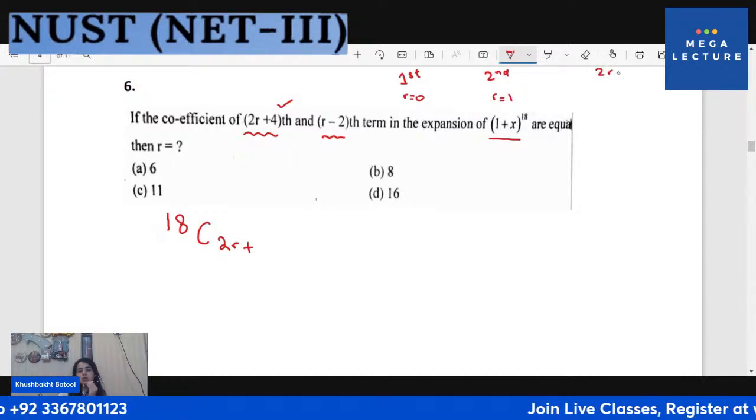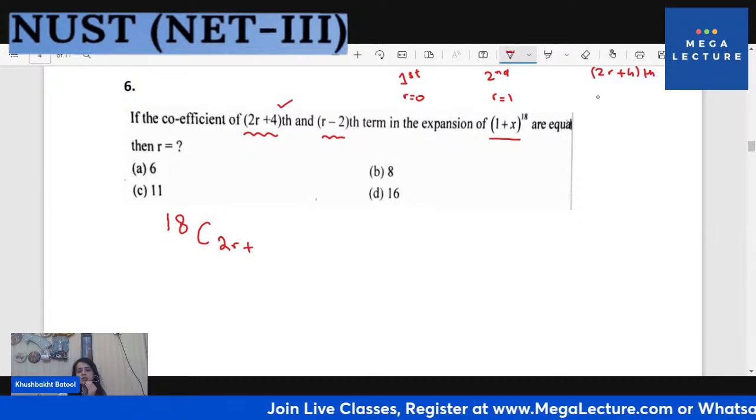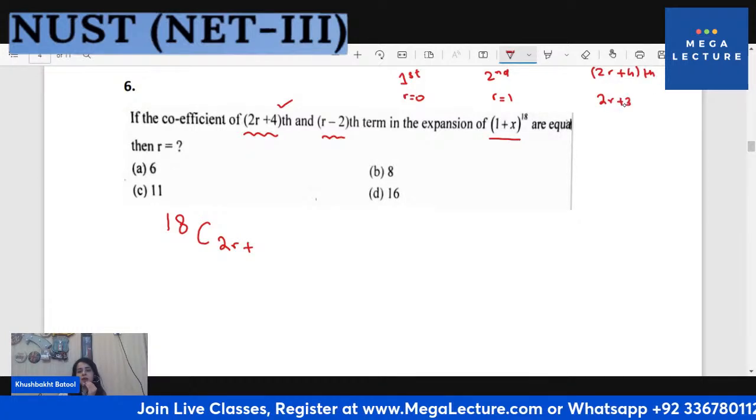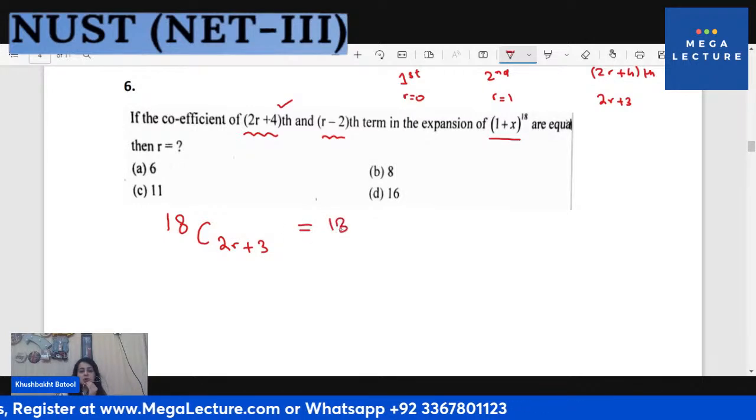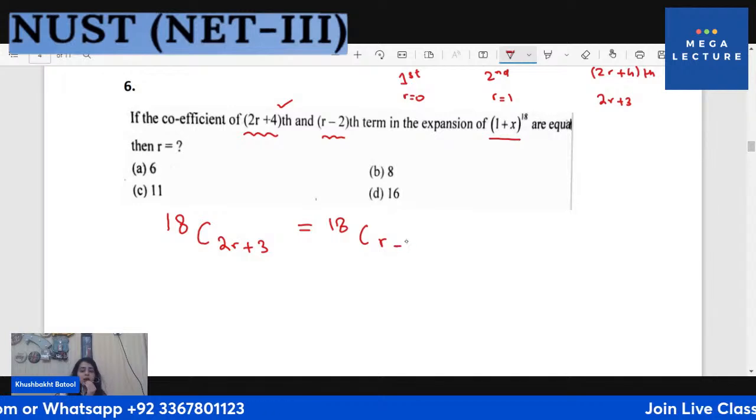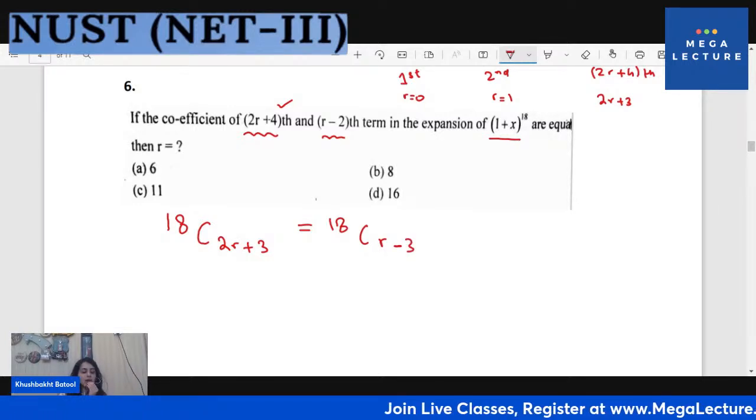So for the (2r+4)th term, r is going to be 2r plus 3. And this is equal to the coefficient of the other term, and it won't be r minus 2, it would be r minus 3. I've been telling you already, we do one less than the term.